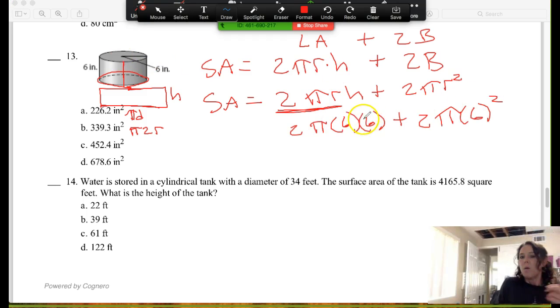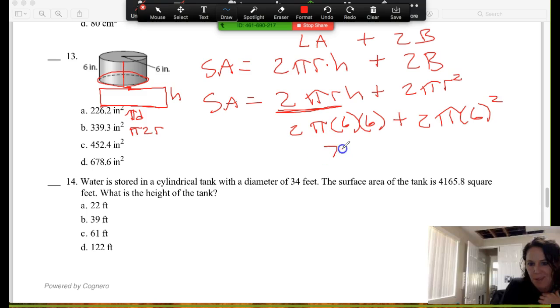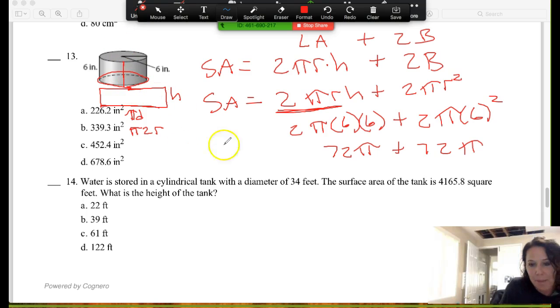All right. Well, 6 squared is 36. 36 times 2 is 72 times pi. So it ends up being 72 pi plus 72 pi. So the lateral area and the top and the bottom happen to be the same. And then I'm going to go 72 pi's plus 72 more pi's is 144 pi's.